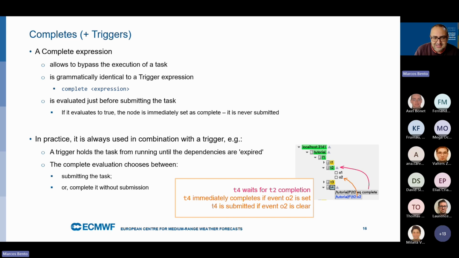If T2 ticks these 2 boxes, and by the time T4 is going to run this is ticked, it automatically completes. Because, I don't know, T4 was supposed to be an alternative way to compute O2, and O2 is already computed, so we give up. We don't want to do it anymore, and T4 doesn't even run. It's not submitted at all.